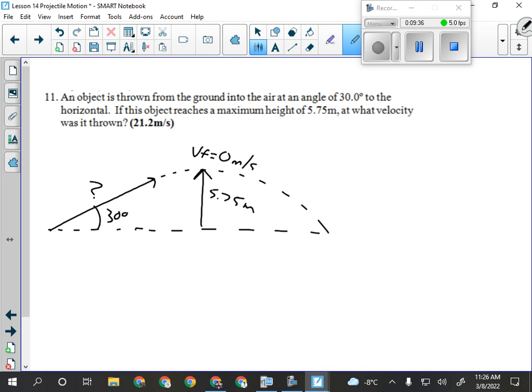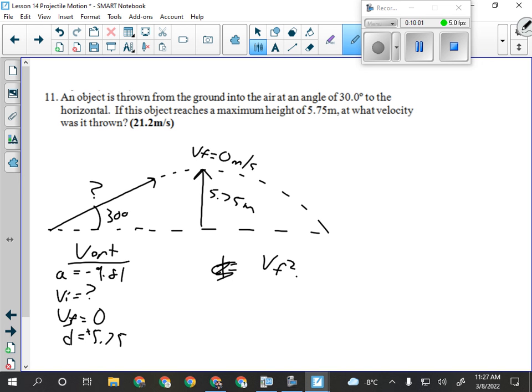So from a vertical perspective, and vertical is all I need here, a equals negative 9.81. Vi we don't know, but it's what we're going to solve for. Vf equals 0, and our displacement is 5.75, and that's a positive number. So I'm going to use this formula: Vf squared equals Vi squared plus 2ad. And I'm going to use it to get Vi, because if I have Vi, I have one side and an angle of the triangle, and I can use it to get the hypotenuse.